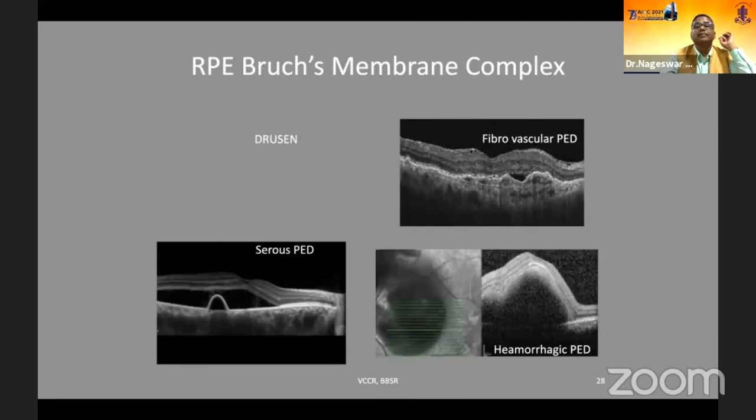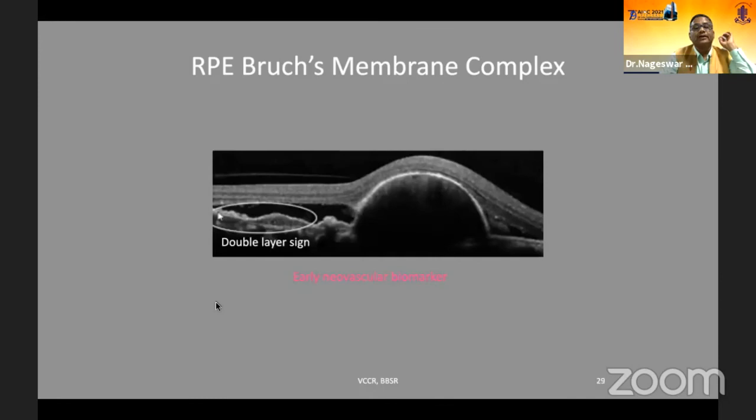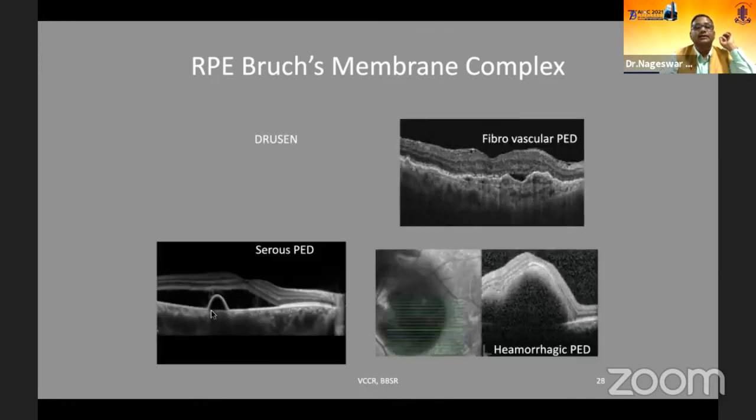And RPE groups are more complex. You will find so many types of PEDs. This is a PED where you will find homogeneous hyporeflectivity; that is the serous PED. If you find heterogeneous reflectivity, this is more in favor of a fibrovascular PED.